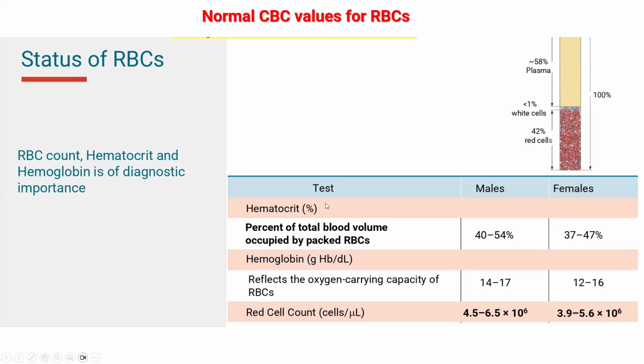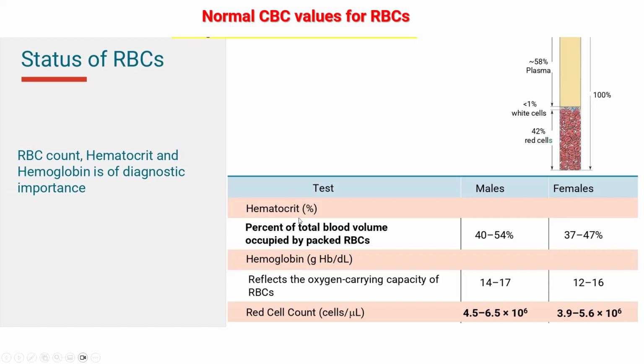What is the hematocrit? It is the percentage of total blood volume which is occupied by packed RBCs. If you take out any other component except the red blood cell mass, this red blood cell mass is the hematocrit.